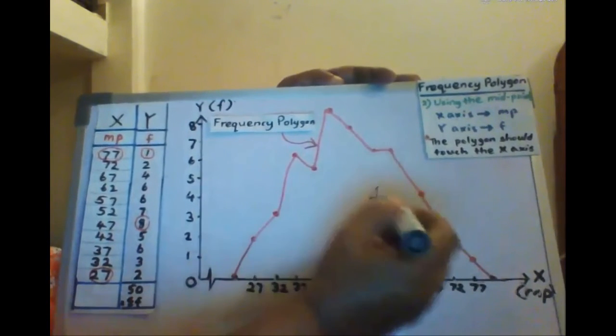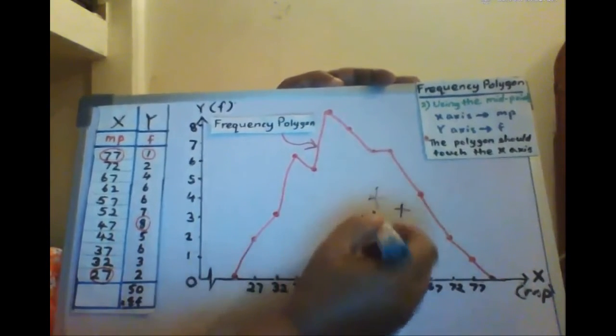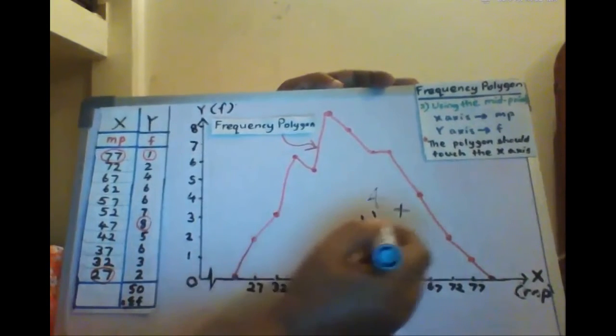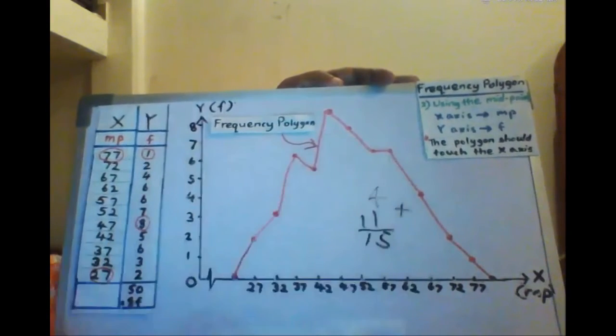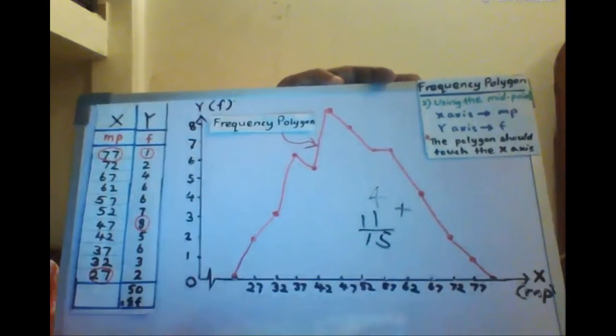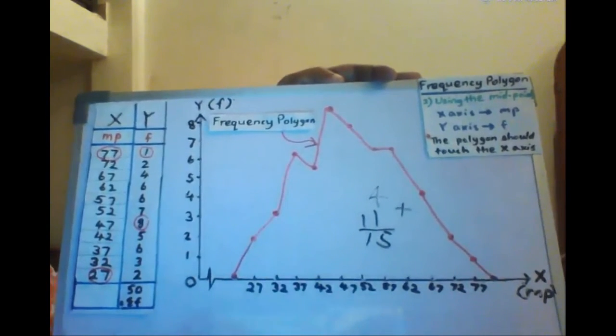So that 4 plus this 11, 15. So you'll get marks for these practice problems for the polygon out of 15.